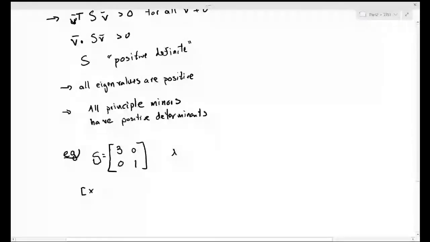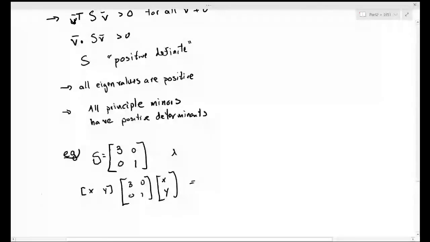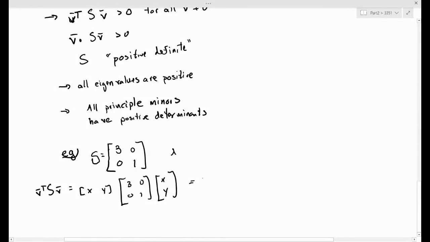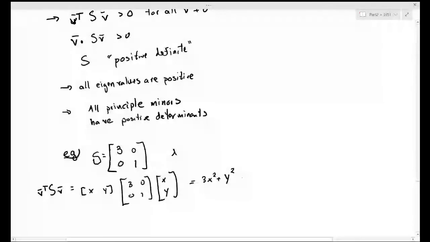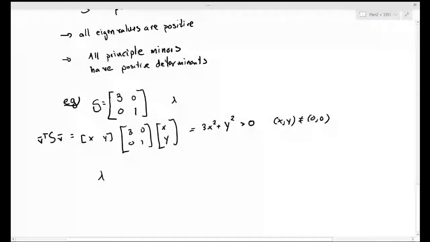If you multiply this out, right, so I'm essentially looking at V transpose times S times V. You would get 3x squared plus y squared, which is obviously greater than 0 as long as we're not dealing with the 0 vector. So that's positive definite. The eigenvalues are all positive.